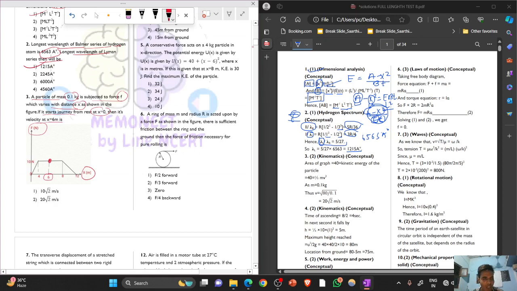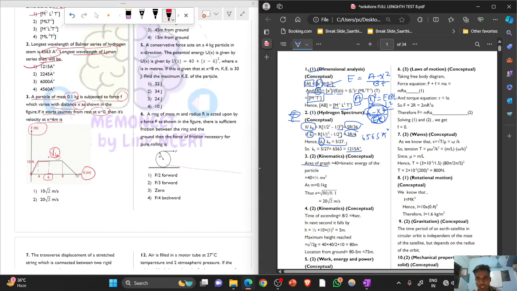As you can see, from x equals 0 to x equals 4, the force acting on the particle increases linearly. After x equals 4, up to x equals 6, it remains constant. So you just need to calculate the value of velocity at this point, the velocity of the body. You can simply calculate it by using a simple concept: the area of the graph.